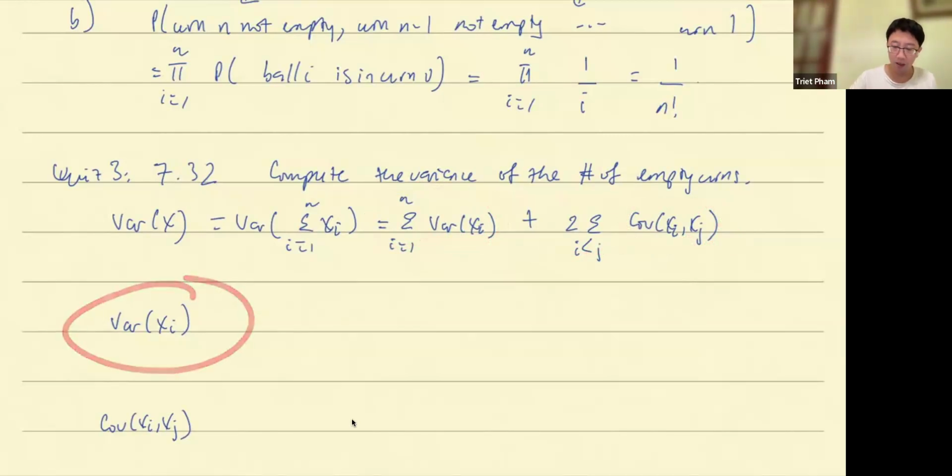So what's the variance of xi? So xi is Bernoulli, right?